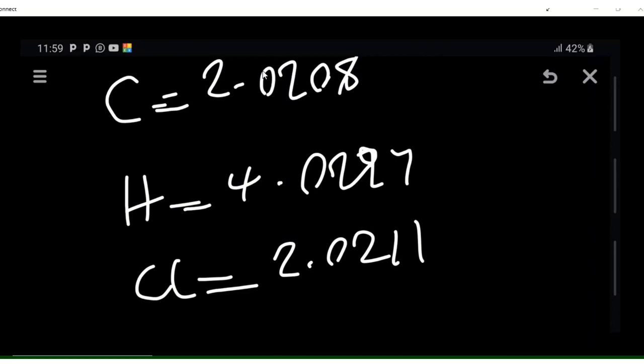So what is the lowest? The least is 2.0208.